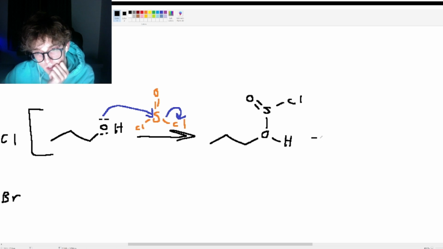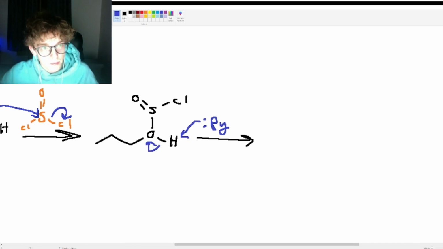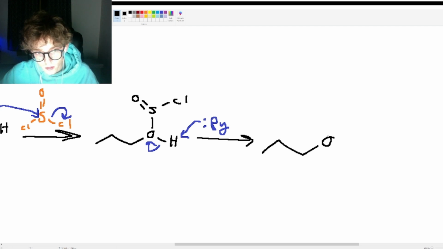Okay, and then our pyridine comes in and steals a proton, leaving us with this here. Oh, and I forgot to say, yep, there's a positive charge here. I sometimes just forget to draw that in, so I apologize. And then we have this intermediate.